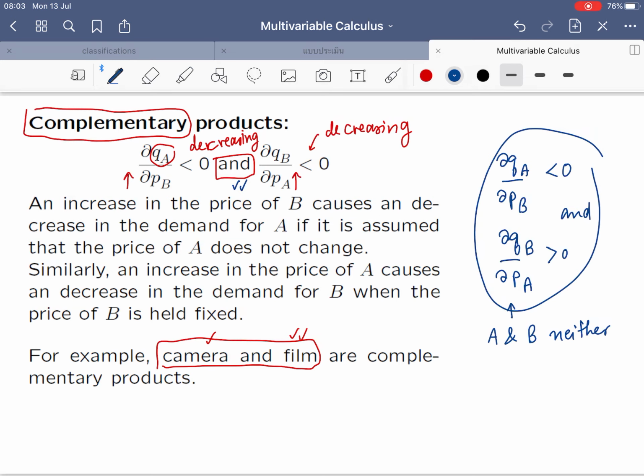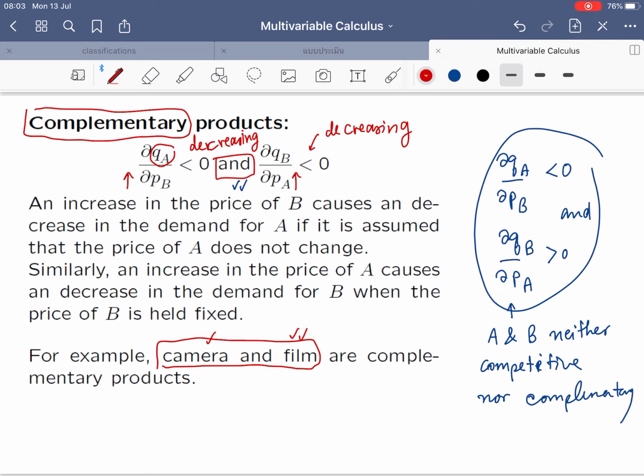It is neither competitive nor complementary. So it has no relation at all.